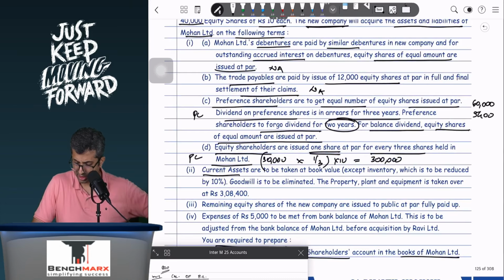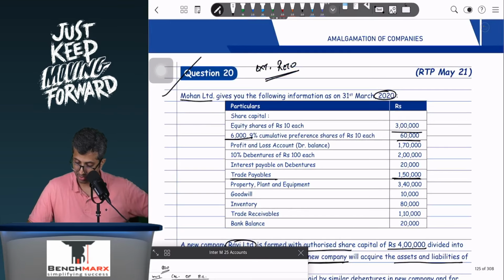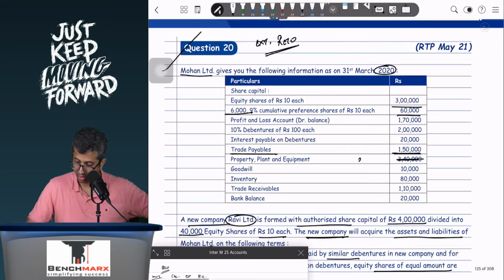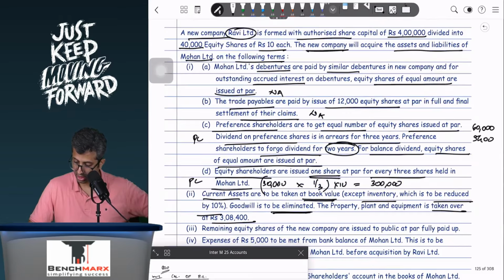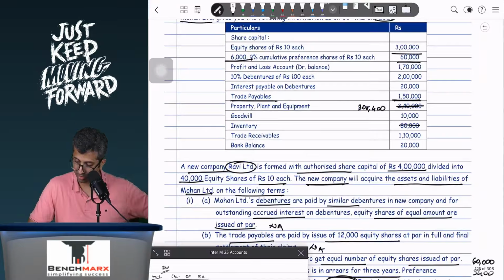Current assets are to be taken over at book values, except inventory, which is to be reduced by 10%. Goodwill is to be eliminated, and PP is to be taken over at 3,08,400. So your PP will be taken over at 3,08,400. Current assets are at book value except inventory, which is to be reduced by 10%. So inventory over here will be 72,000.